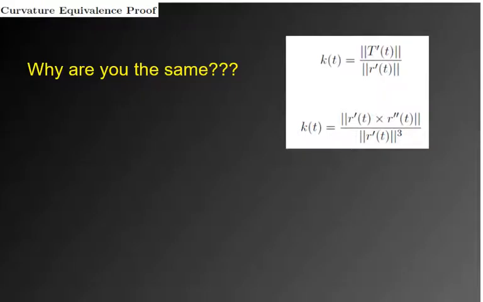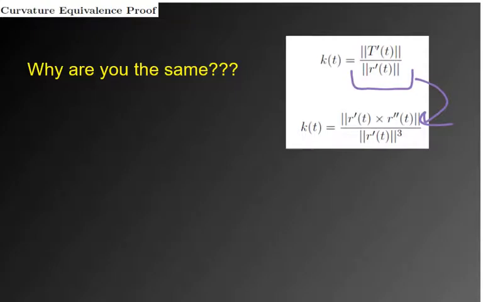Basically the problem boils down to if this thing is equal to this, there's some similarities. Like you have an r prime of t on the bottom. Here you have 3, right? And so for some reason, capital T prime needs to equal this over 2 more of these, right?